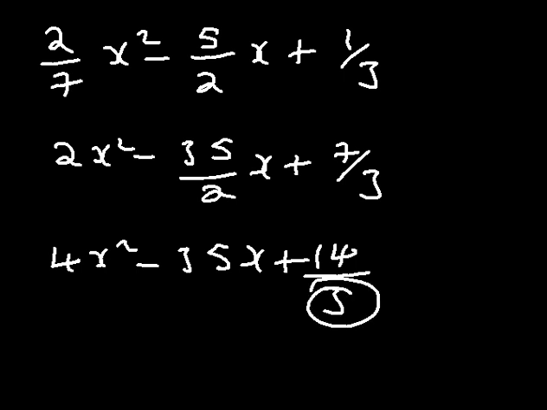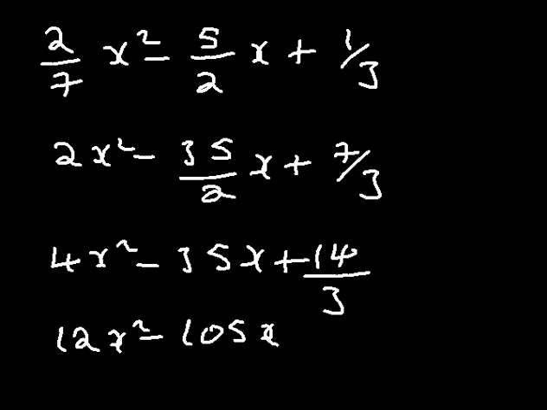Now this is okay, and you can also think of multiplying everything by 3. That will be given as 12x squared minus, what is 35 times 3? It is given as 105, x plus 14.